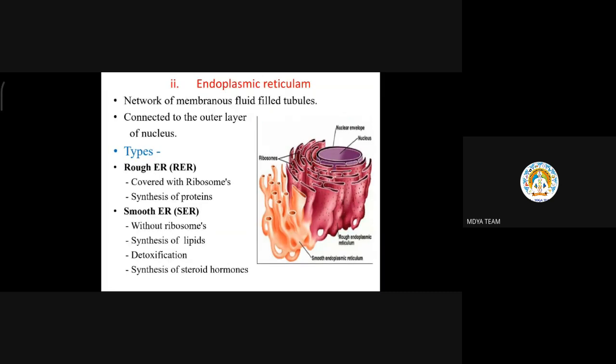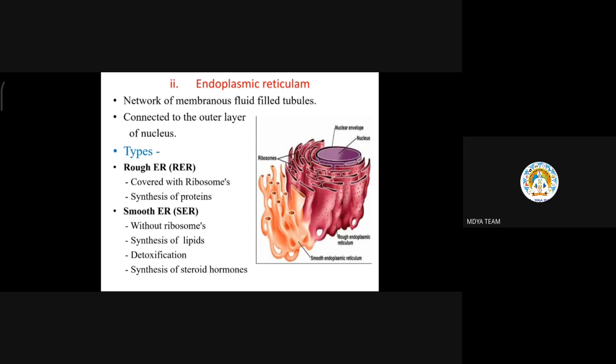The main types of endoplasmic reticulum are two. First is rough endoplasmic reticulum, which contains ribosomes on its body and lies just beside the nucleus. What is its function? It synthesizes protein.